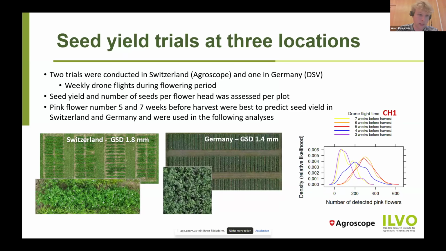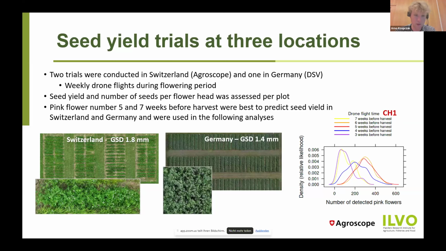And they also measured seed yield and numbers of seeds per flower head per plot, which we then could link to the flower heads predicted by the model. And we found that the pink flower numbers at weeks 5 and 7 before harvest were the best to predict seed yield in Switzerland and Germany.